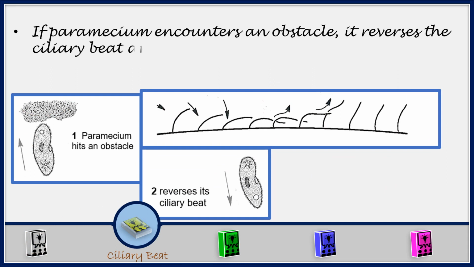Now the paramecium is going to reverse the ciliary beat, and it will move backward. The cilia which were moving in the opposite direction will now change and move in the backward direction.